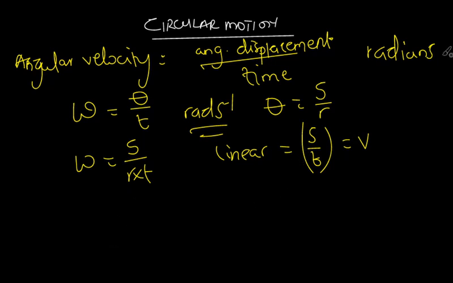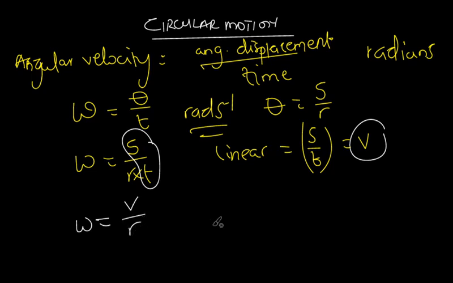So this part, the distance divided by time, will be equal to the velocity that we have over here. So we have our angular velocity equal to linear velocity divided by the radius. If we make linear velocity the subject, we can see that linear velocity is equal to angular velocity times the radius of the circle.